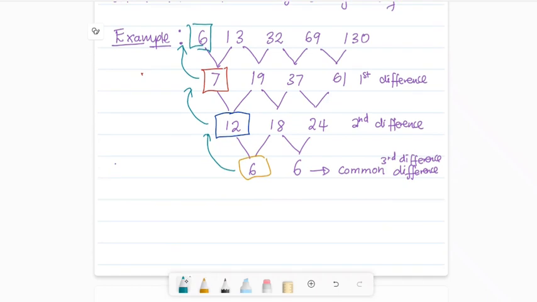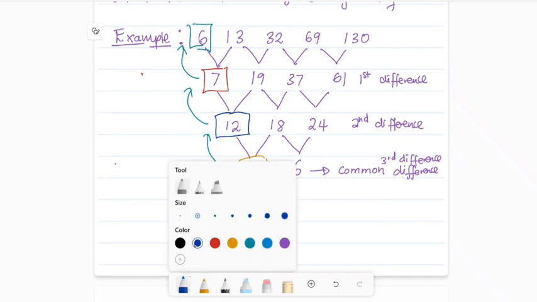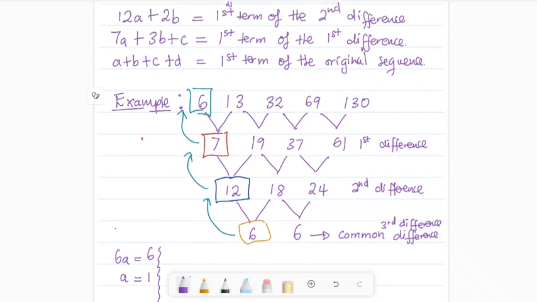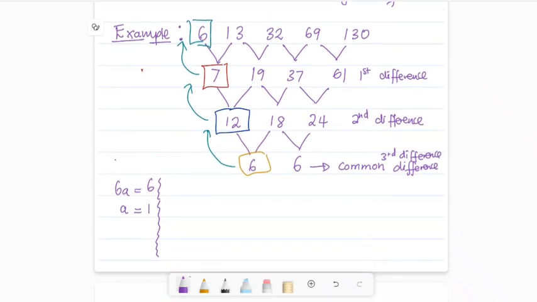So you always start from the bottom going up to formulate those 4 equations. For us to get a, we say 6a is equal to 6, since our first term there is 6. So after dividing by 6 on both sides, you get a as 1. So a is 1, we found a.